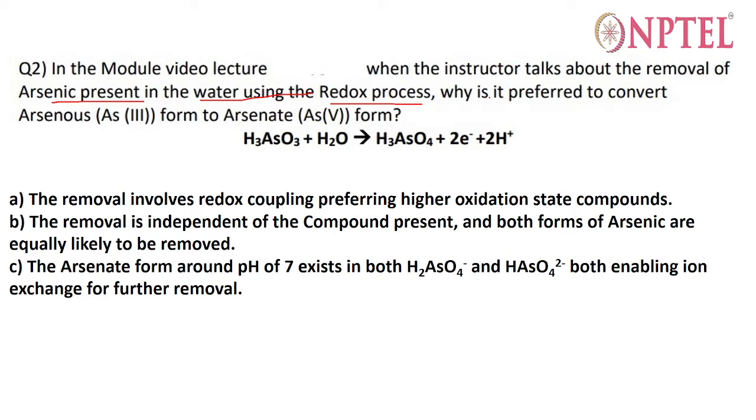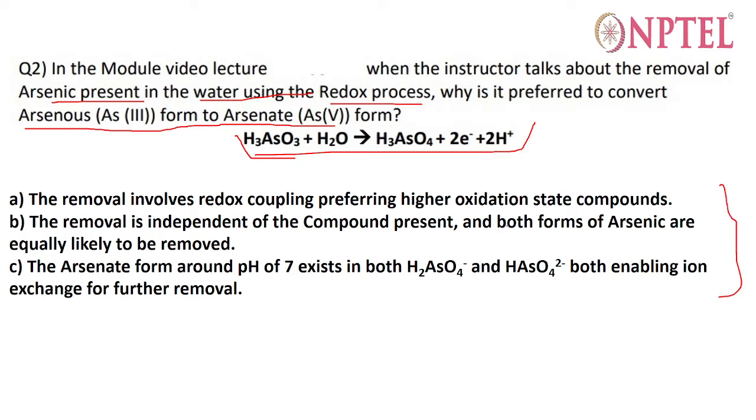So why is it preferred to convert arsenous form to arsenate form, that is 3 oxidation state to 5 oxidation state? Why? So this is the possible redox reaction, and you have to give the proper justification or reasoning from these options. You have to choose, right?